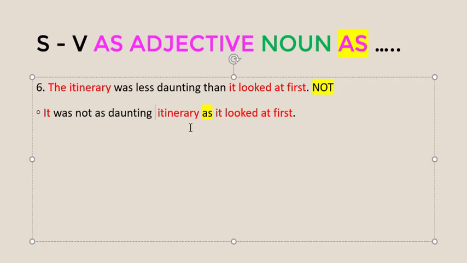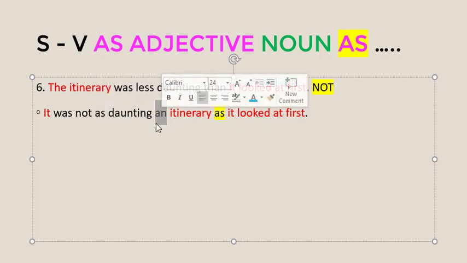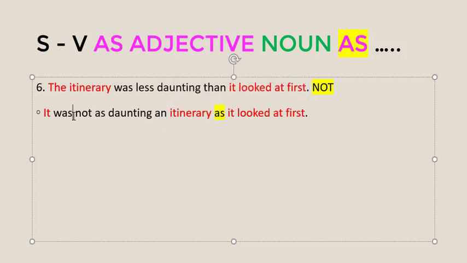This has been given to you. However, the article is missing. The article is "an". I've told you guys that if you want to use "as", the article "a" and "the" have to be put before the noun. Okay, this is the answer for number 6.